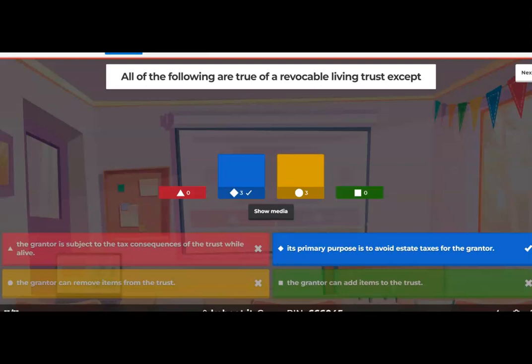That kind of contradicts the question from five back, where it talks about the revocable trust taking the place of a will, because one of the answers was also about estate taxes. Wouldn't that be an irrevocable trust that has the purpose to avoid estate taxes for the grantor because they can't take it out?